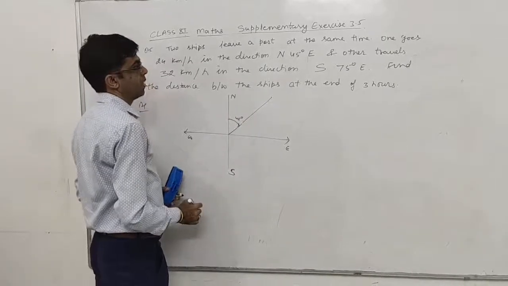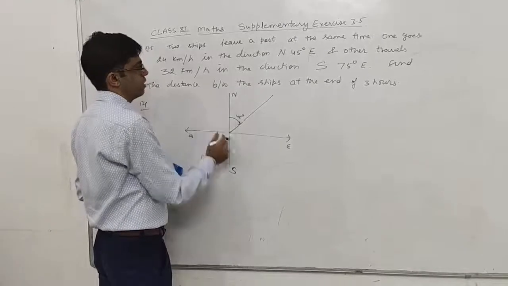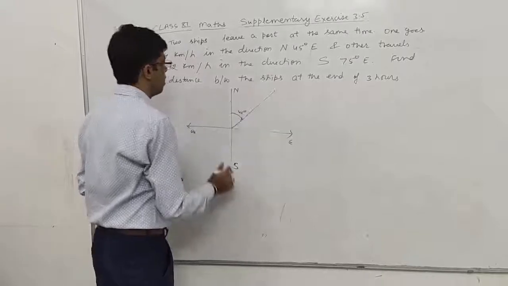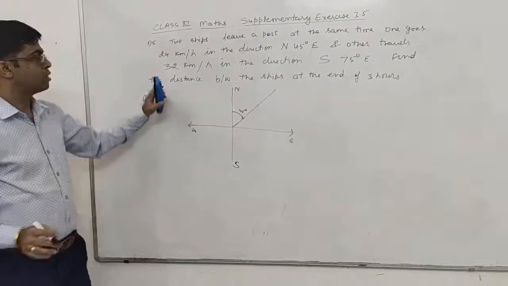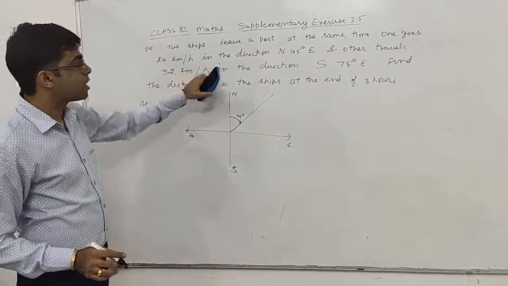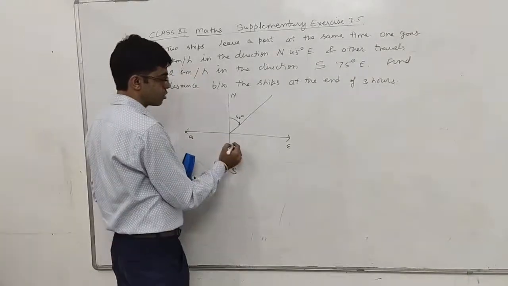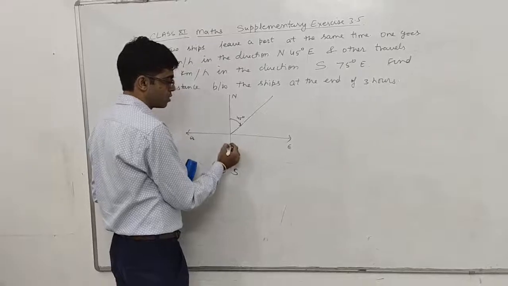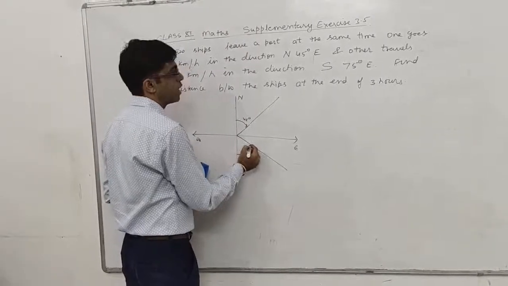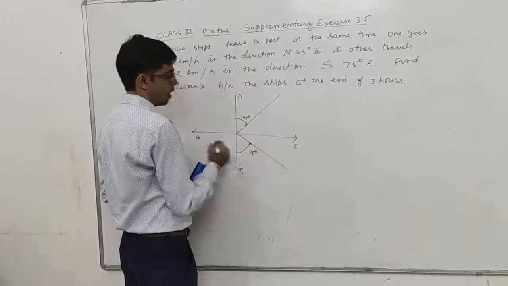And another ship is going 32 km per hour in the direction south to east, from south to east, and the angle is 75 degree.